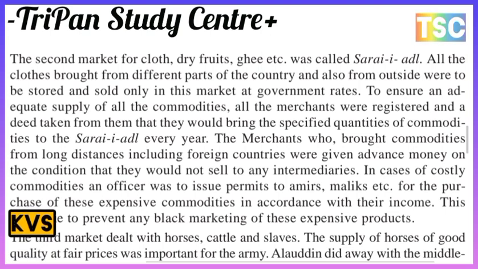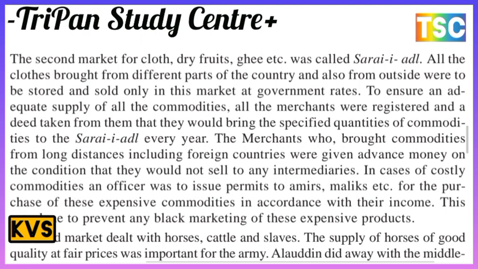To ensure an adequate supply of the commodities, all the merchants were registered and an undertaking was taken from them that they would bring specified quantities of the commodities to be sold at Sarai Adl every year. The merchants who brought commodities from a long distance, including foreign countries, were given advance money on the condition that they would not sell to any intermediaries.